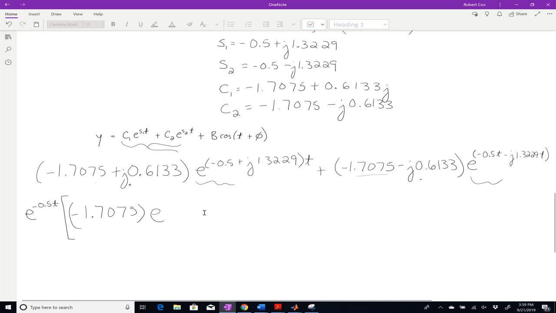So I'm going to write this as negative 1.7075 times e to the j 1.3229t. And then I see that I have another term with a negative 1.7075. So I'm going to write that as plus e to the minus j 1.3229t, like that.